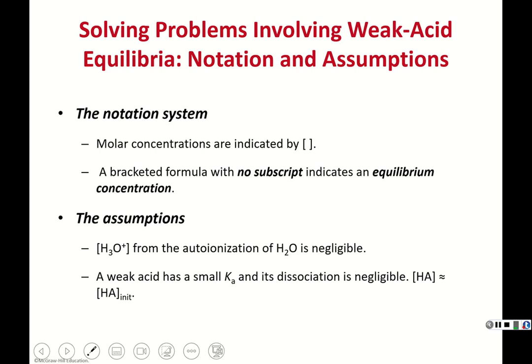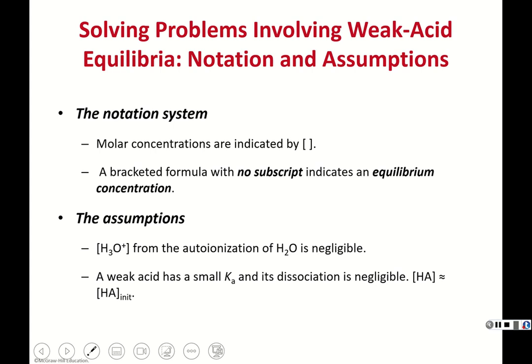So again, you don't have to subtract how much of your conjugate base you are making from that acid. This will make more sense when we go through a problem. But you don't have to subtract that amount because we're assuming that usually the amount of conjugate base that's forming is going to be much, much less than the concentration of the acid that you started with.